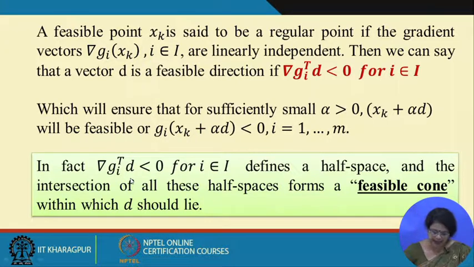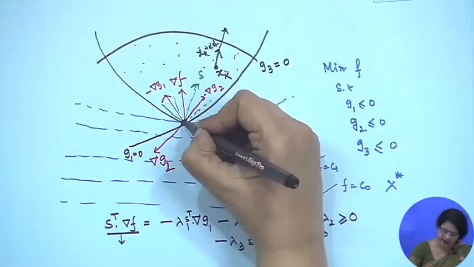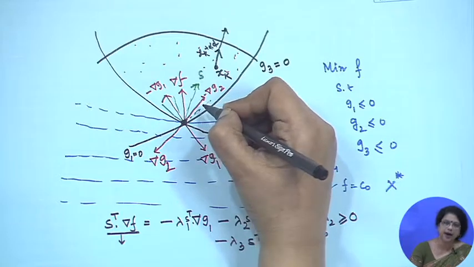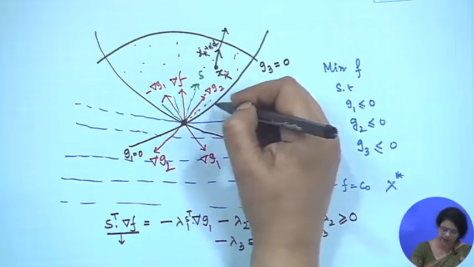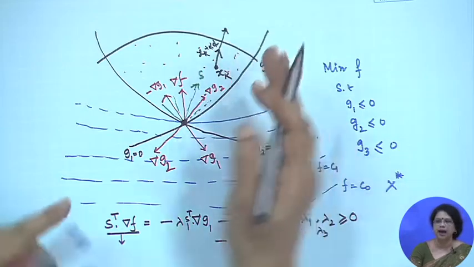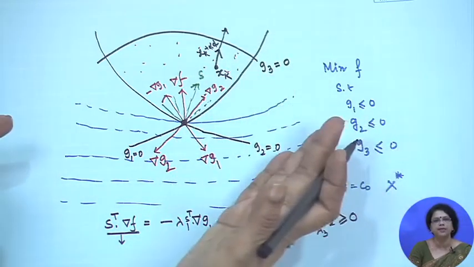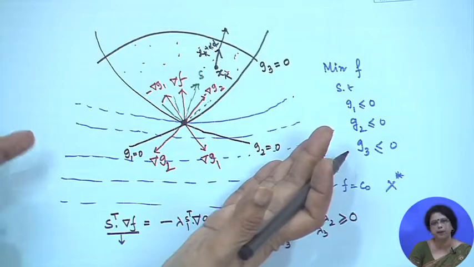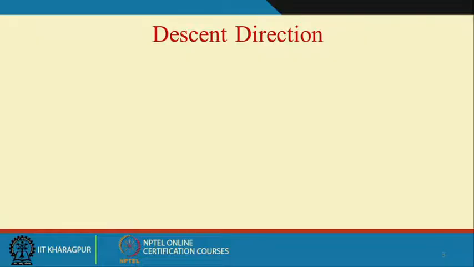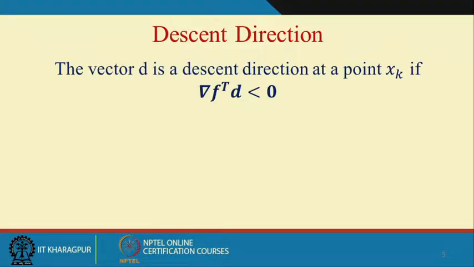Here there is one plane that is the half space over G1, there is one plane over the G2 half space, and the combination of half planes in the feasible space will form the feasible cone. Okay. Now, we will show you more about it.